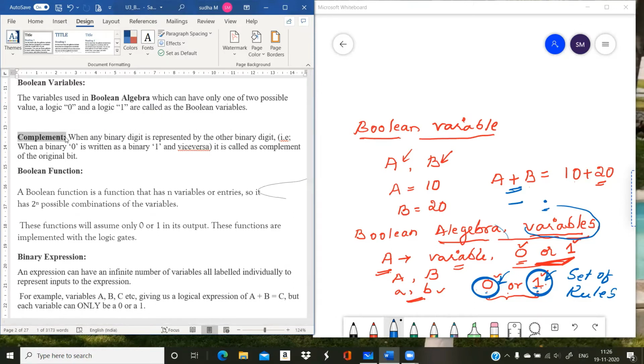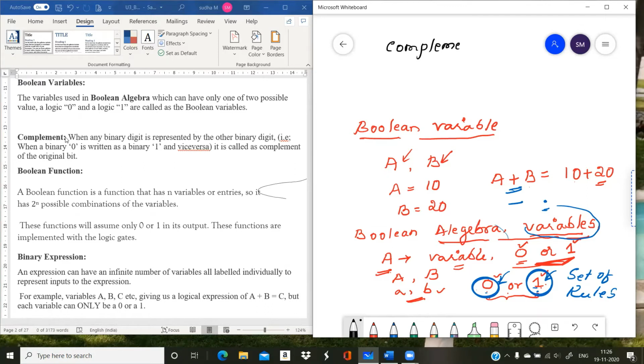See, if we have a 0, one bit we have as 0. Okay, A is equal to 0. The binary value of A is 0. Now the complement of this A is equal to, we have to write the other binary bit which is possible in the binary system, which is nothing but 1.